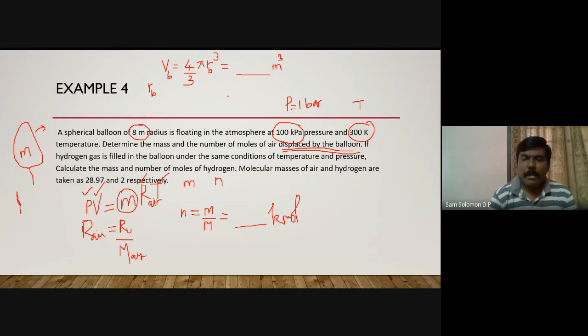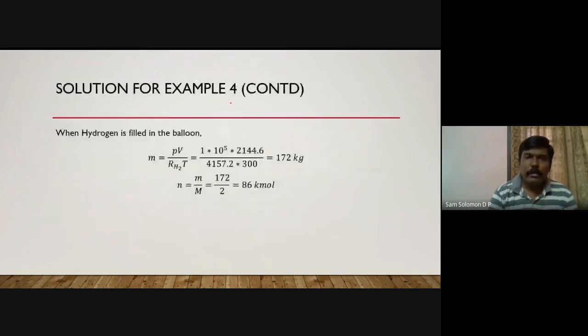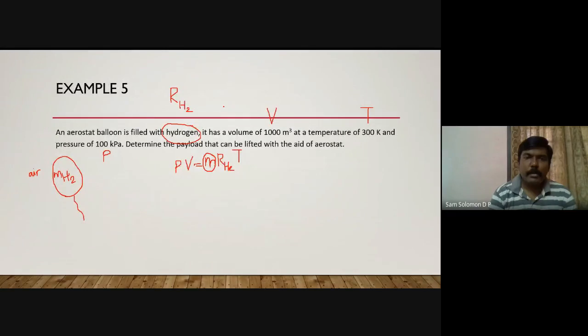But if you look at this particular problem, they have not mentioned anything. They have simply said it is hydrogen inside the balloon. So by common sense, we have to take it is air outside the balloon, because that is the default condition.